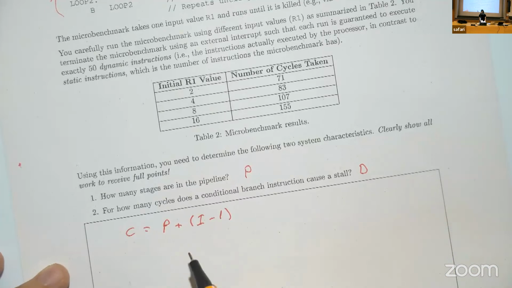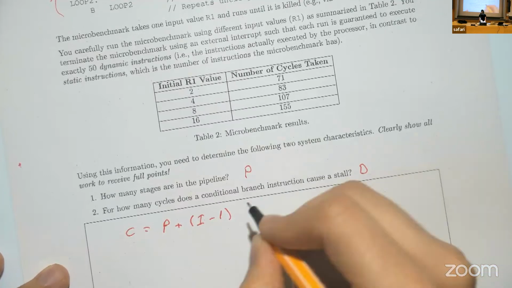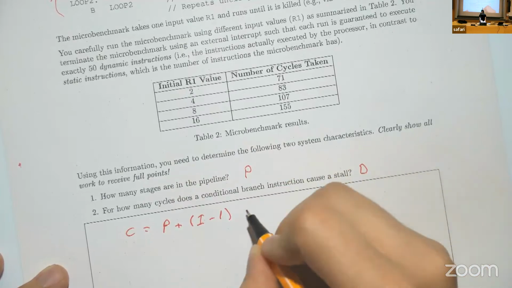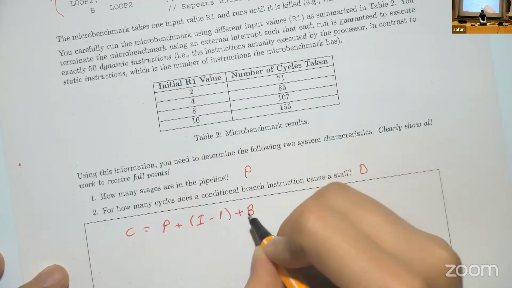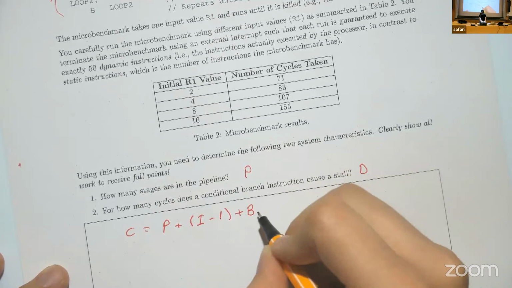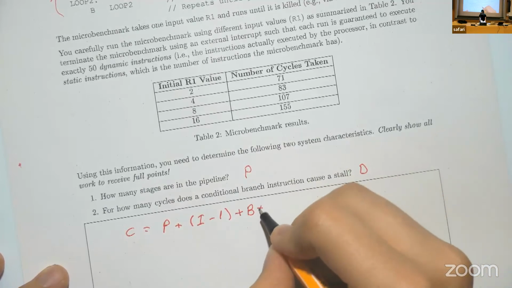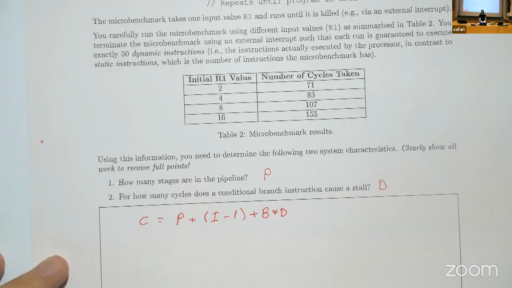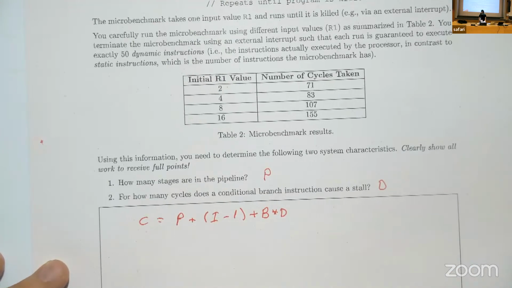This is the number of cycles we would get if we didn't have any stalls. Let's say B is the number of conditional branches. Each time we see a conditional branch, we will be stalled by D. So that's the final formula for the number of cycles.